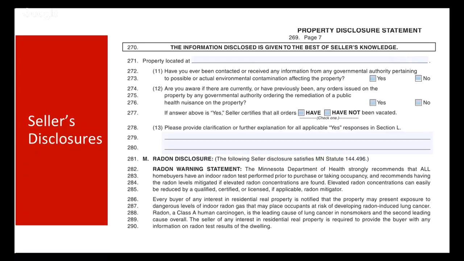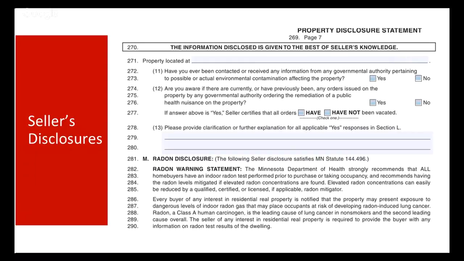Radon disclosure. The Minnesota Department of Health strongly recommends that all home buyers have an indoor radon test performed prior to purchase or taking occupancy, and recommends having the radon levels mitigated if elevated radon concentrations are found. Elevated radon concentrations can easily be reduced by a qualified, certified, or licensed, if applicable, radon mitigator.